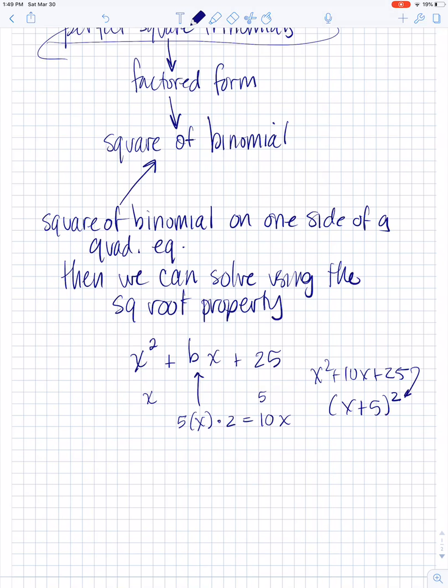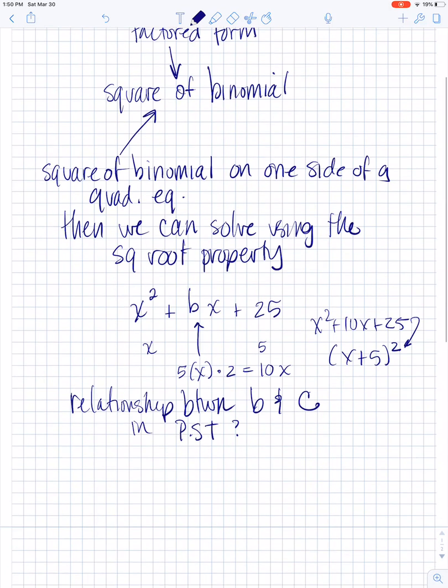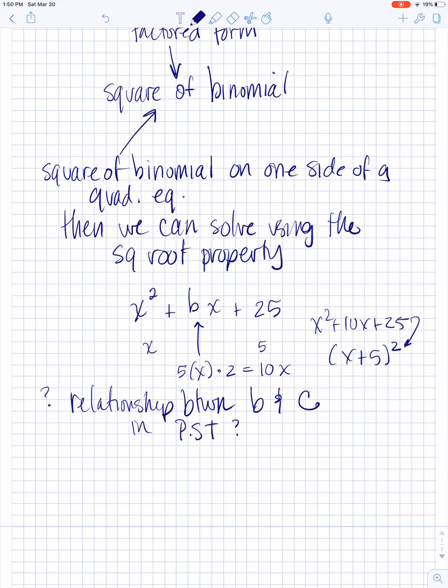So what is the relationship between b and c in a perfect square trinomial? What is that? I'm asking you that question. What is the relationship between b and c? Well, if you have 1/2 of b squared, that equals c, right?